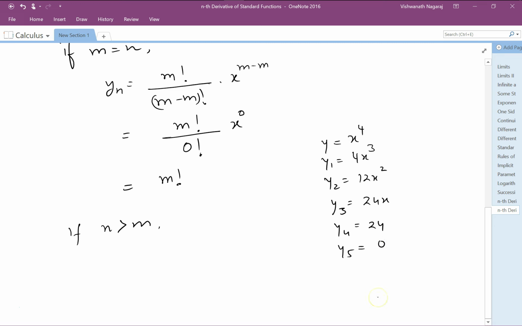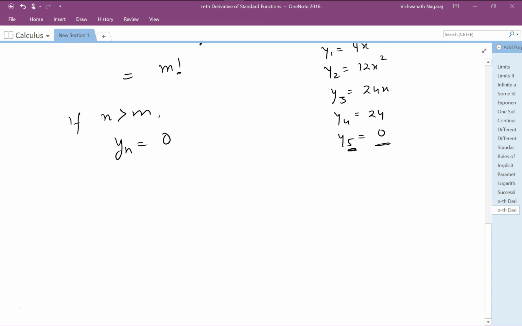After that it will be 0. Now here this is n. This is m. So n has become greater than m. So what has happened to yn? yn will become equal to 0.